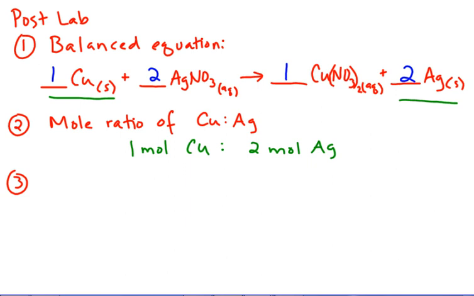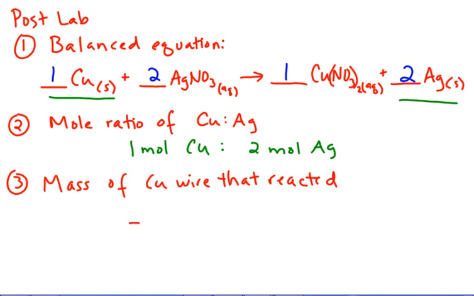So question number 3 says, using the data from your data table, calculate the mass of the copper wire that reacted in your experiment. So the heading here is the mass of the copper wire that reacted. And this is going to come from your data table, and everybody's numbers are going to be different.